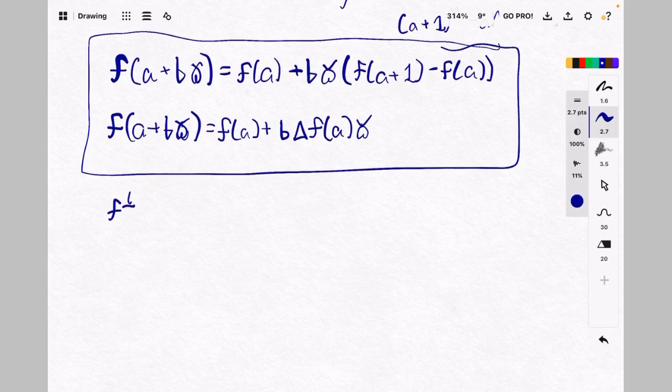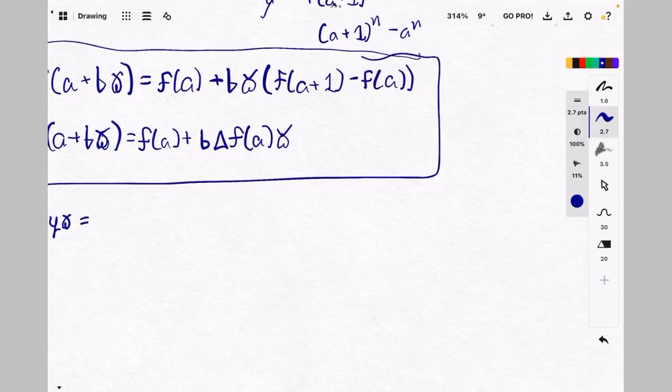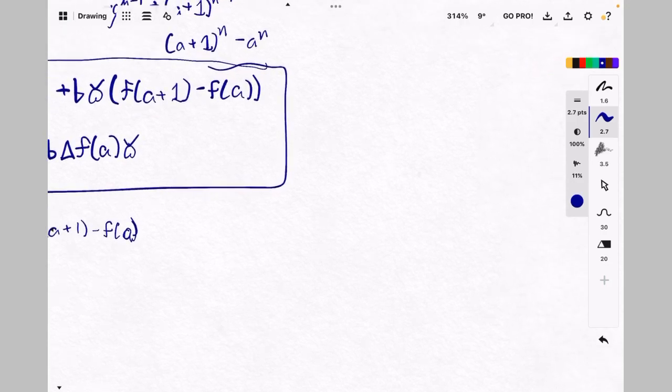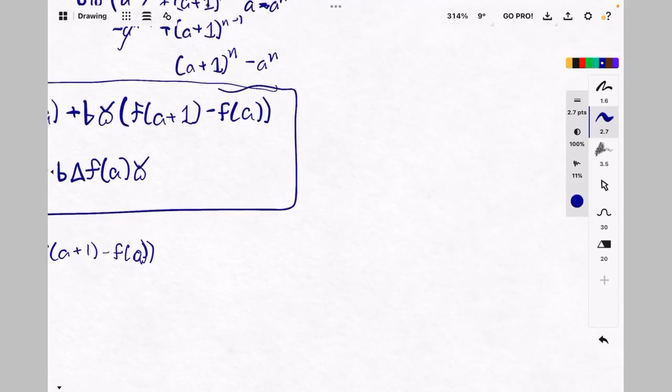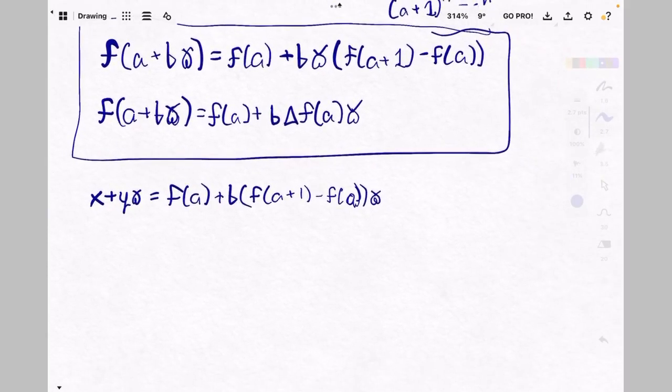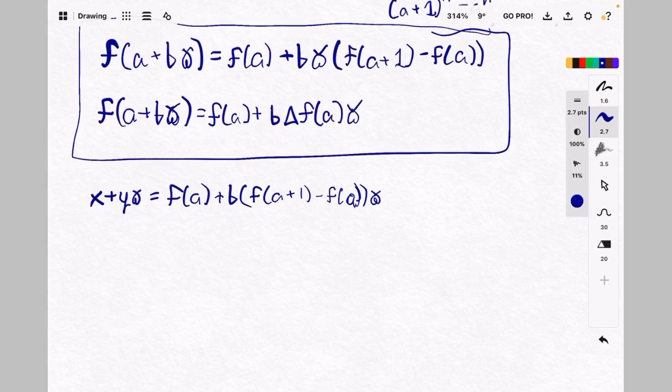Actually, let's find an inverse formula for this just to see if this formula works. So, x plus y telugu d equals f of a plus b times (f of a plus 1 minus f of a) telugu d. Now, obviously, x equals f of a, so we can just find a using this, right? f inverse of x.